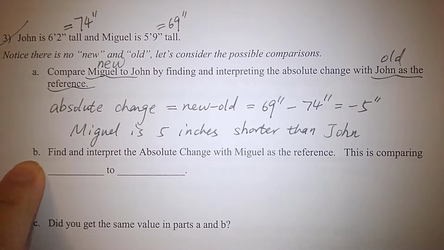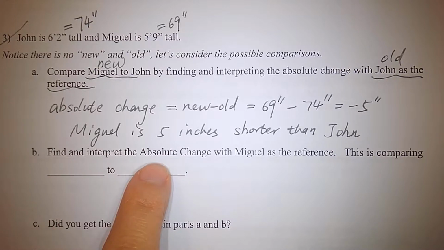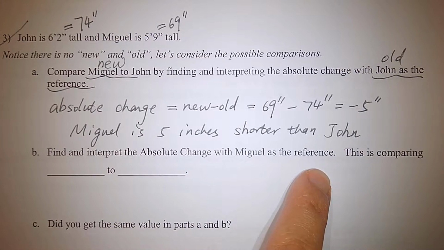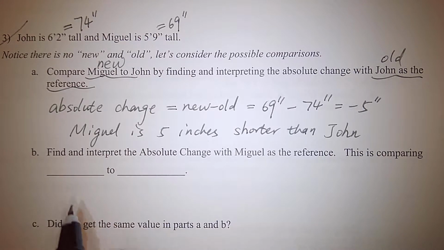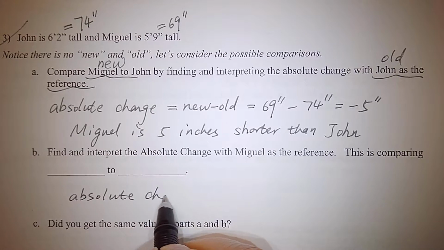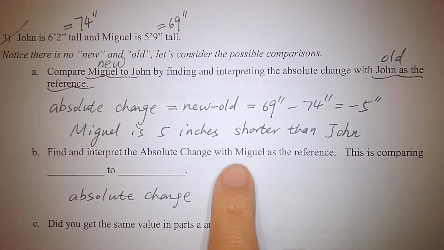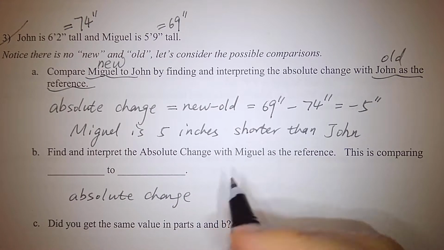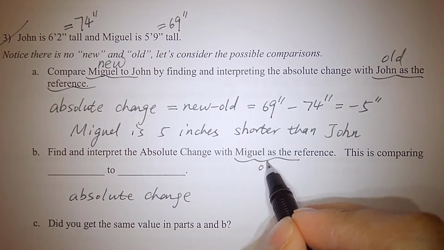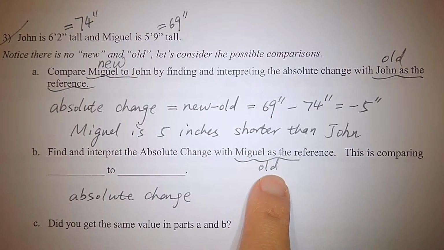Now question B. Find and interpret the absolute change with Miguel as a reference. So this time, in order to compute the absolute change, Miguel is old value or new? This time, Miguel is the reference, old.